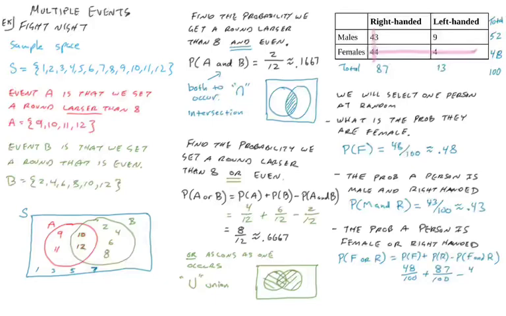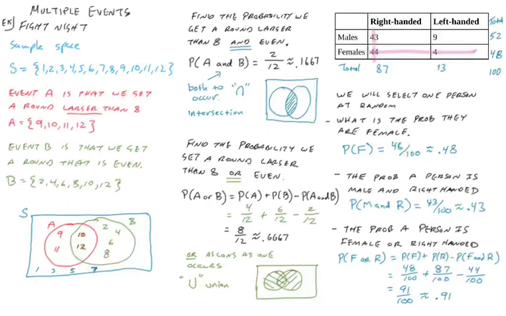And we're going to subtract that overlap, right-handed and female. We see that that overlap is going to end up being these 44 right there. And so we counted those 44 people when we counted the right-handed and also when we counted the female. So we have to subtract it once. And that's going to give us 91 out of 100, which is about 0.91.